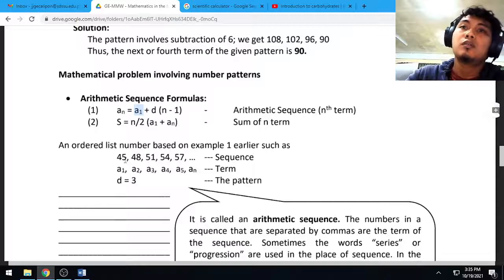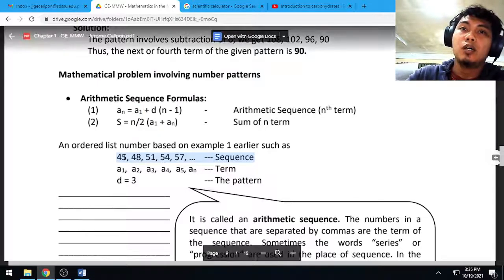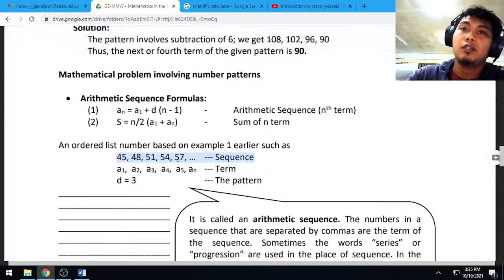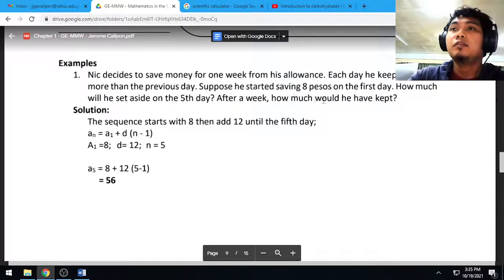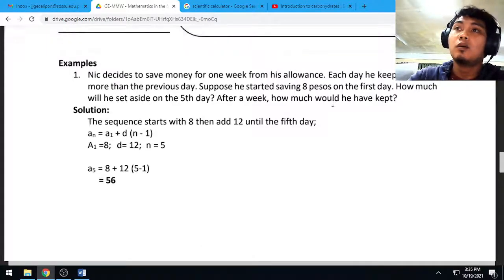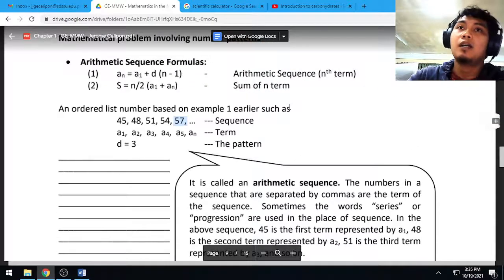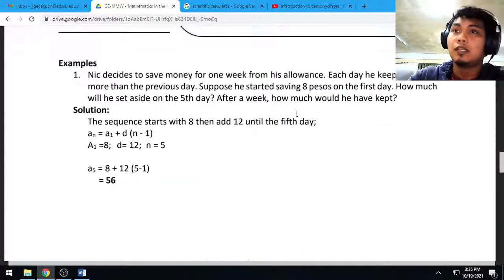Kung itong sequence daw na ganito, 1, 2, 3, 4, 5, ito yung 5th term, which is A5. Pero dito sa example natin, wala pa siyang binibigay na sequence. Ikaw ang gagawa ng sequence, or gagamit tayo ng formula para mas diretso yung sagot natin.